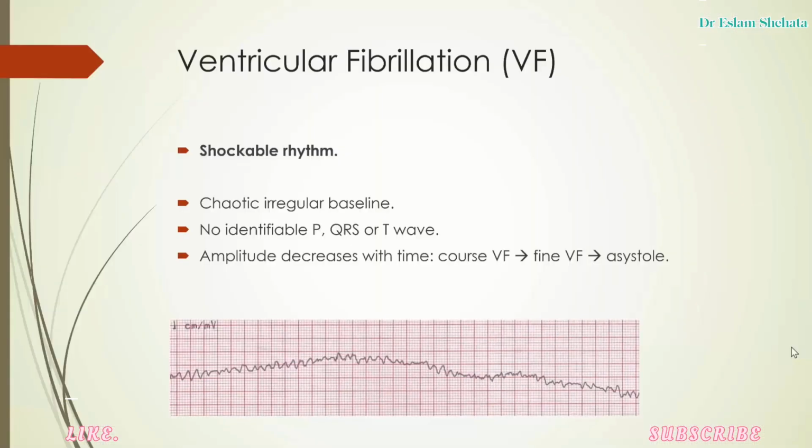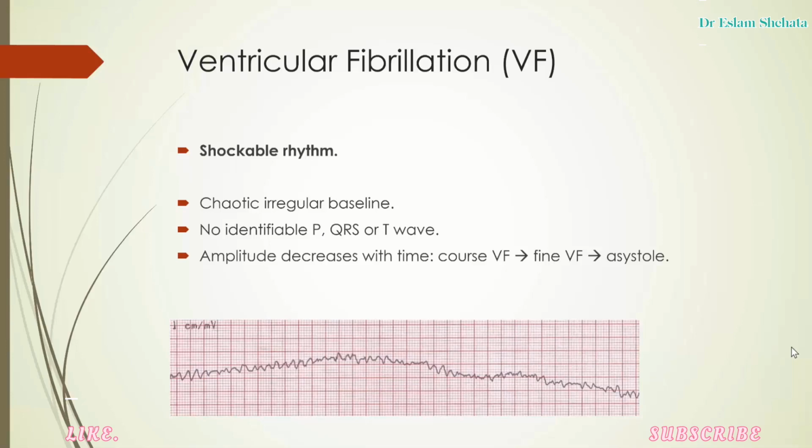I'm sure I don't need to tell you that ventricular fibrillation is a medical emergency, and this is a shockable rhythm. Electrically, the ventricles are activating in a chaotic, irregular manner, and so the ECG shows a chaotic, irregular baseline.